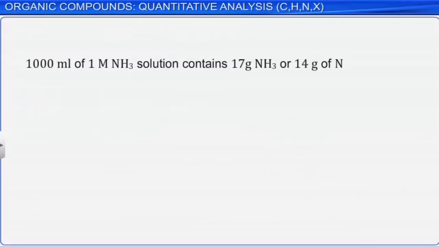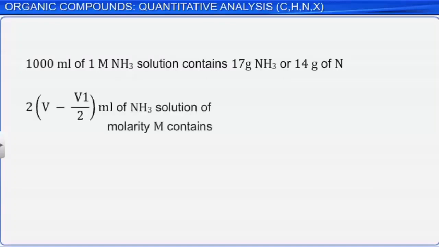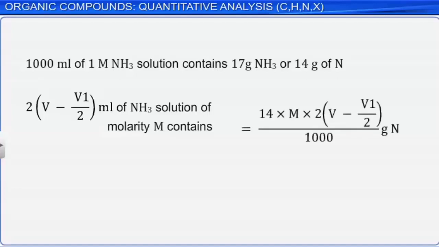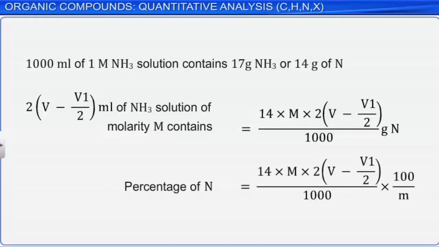Therefore, 2 multiplied by V minus V1 by 2 ml of ammonia solution of molarity M contains 14 multiplied by M multiplied by 2 multiplied by V minus V1 by 2 divided by 1000. Therefore, the percentage of nitrogen is equal to 14 into M into twice V minus V1 by 2 divided by 1000 and multiplied by 100 by m.